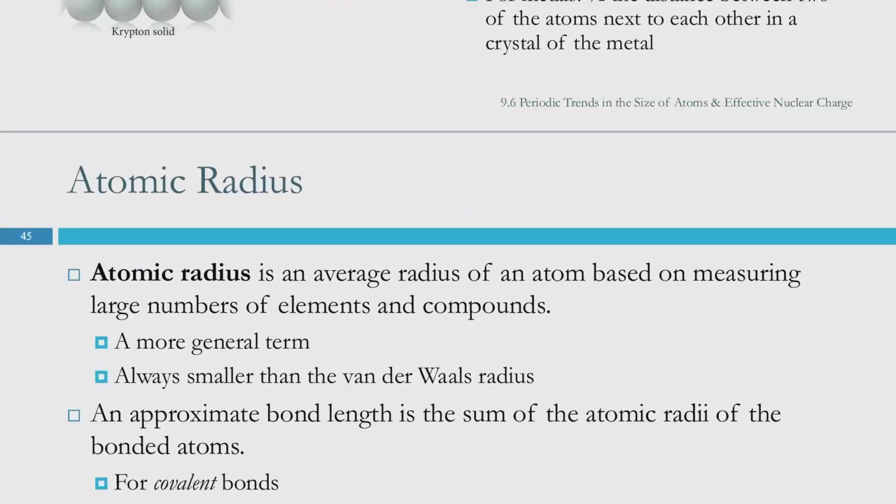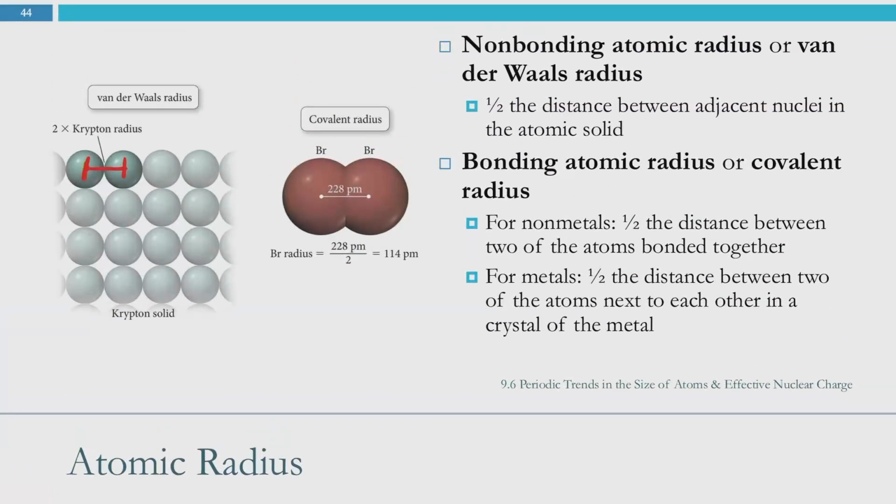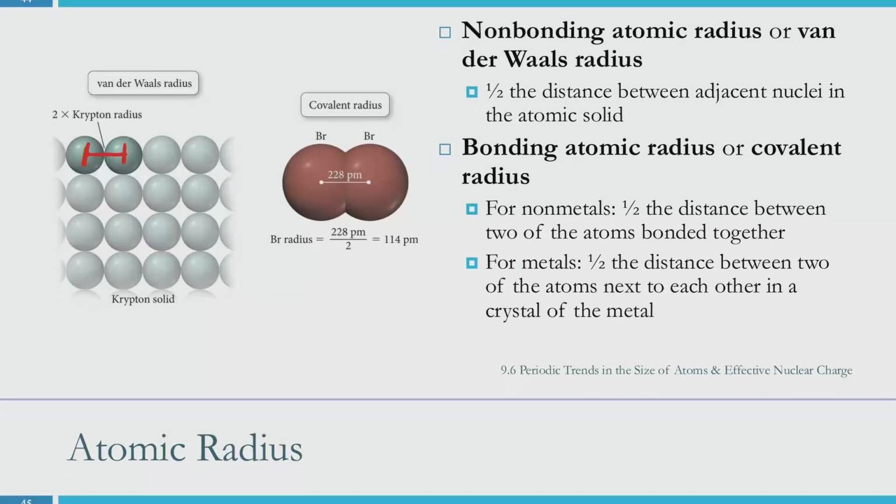Atomic radius is an average radius, and this is based on measuring lots of different elements and compounds. So this is more of a general term. You can make measurements with krypton and with bromine, individual measurements with one particular element or one particular molecule, but it only represents the radius for that one particular situation.